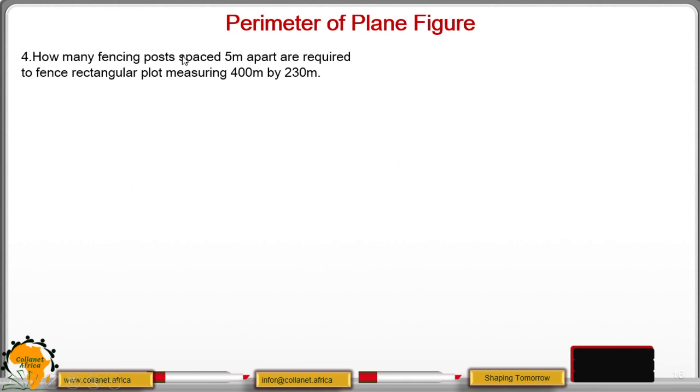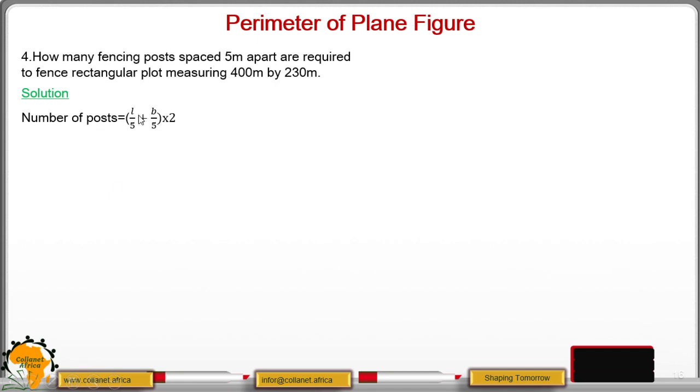How many fencing posts spaced 5 meters apart are required to fence a rectangular plot measuring 400 by 230 meters? Now, for you to get the number of posts, you get the length and divide by 5, then you get the breadth and divide by 5, and because we are considering the perimeter, you multiply by 2.